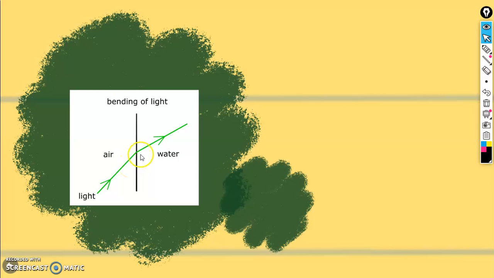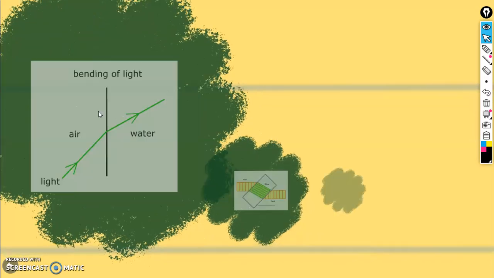Then it will change the speed through the water and also it will change the direction. So that's why the light seems to be bent. Bending of light means refraction of light, which means انكسار الضوء. It seems to be bent, منكسر.